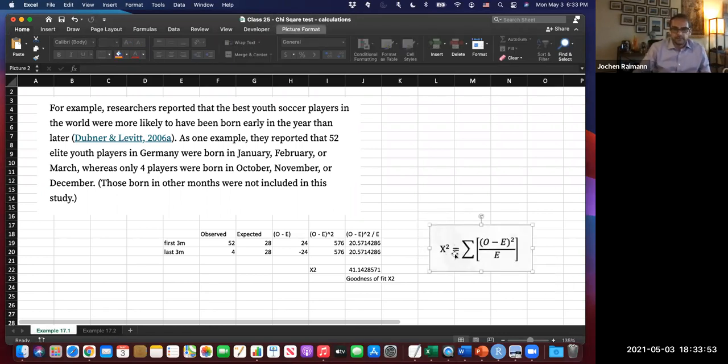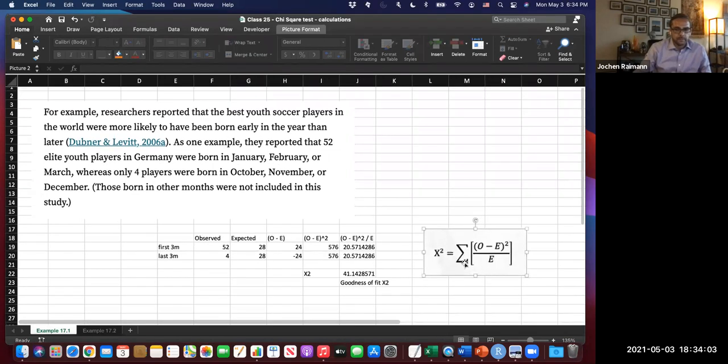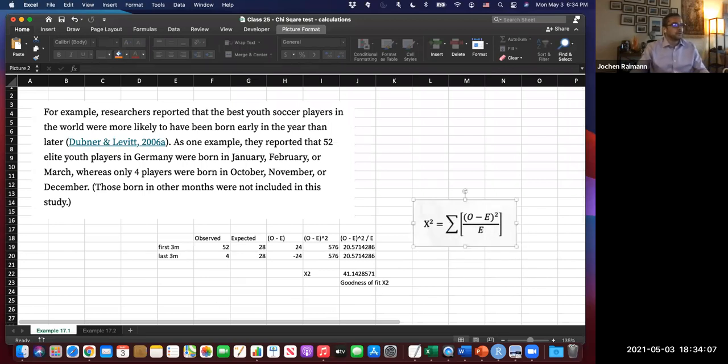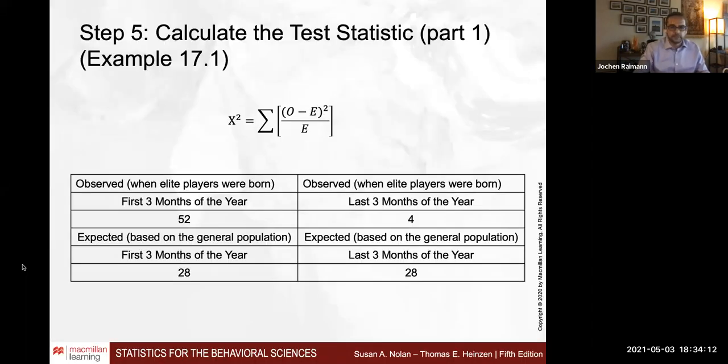So again, this is chi-squared equals the sum of observed minus expected squared, standardized to the expected, standardized, right? And we are now moving on to the next example.